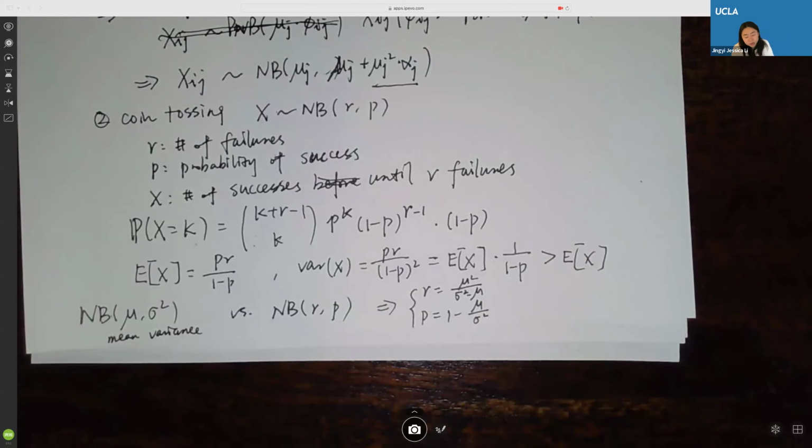And as a two-parameter distribution, you may know there's a famous one. There's a normal or Gaussian distribution that's also two parameters, mean and variance. But something I can say is that if you want to do the maximum likelihood estimation of parameters for Gaussian, it's easy.